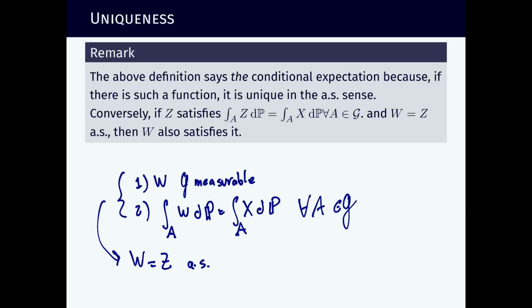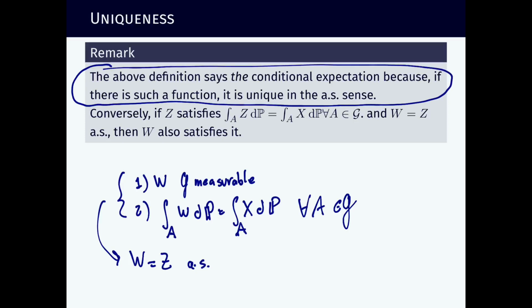This is the uniqueness part. If there is another one, it is unique.